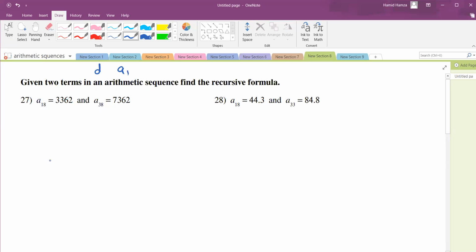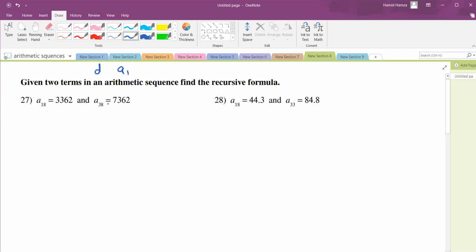I'll give you a way to find the common difference if no successive terms are given. If the terms are successive, we subtract them to find the common difference. But what if they are not successive terms, like this one? We have A18 and A38.